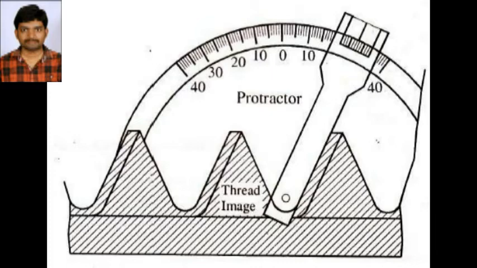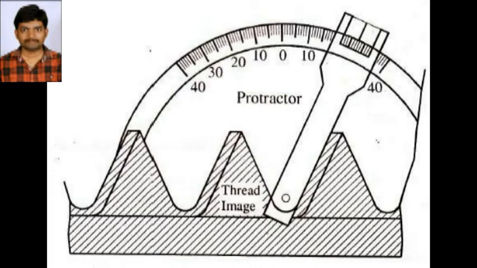The enlarged image of the thread form appears on a ground glass screen on which is mounted the template or drawing of the form made to a scale equal to the magnification of the lens. The two forms, ideal and actual, are then compared.